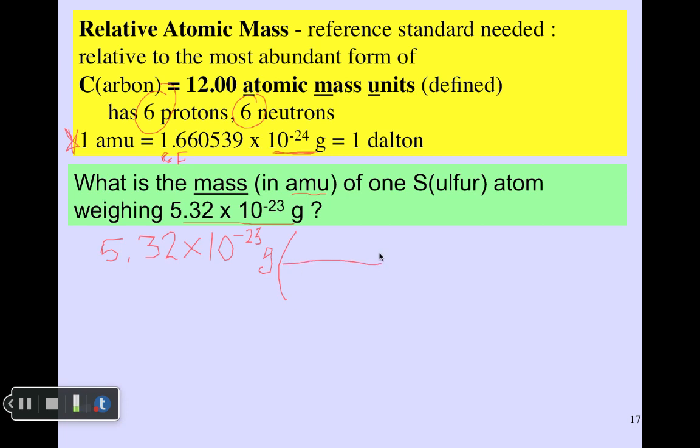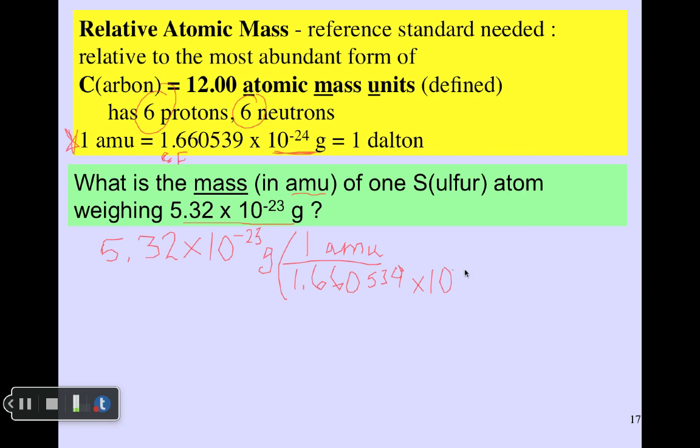The conversion factor is given as 1 AMU equals 1.66 0.539 times 10 to the minus 24th grams.